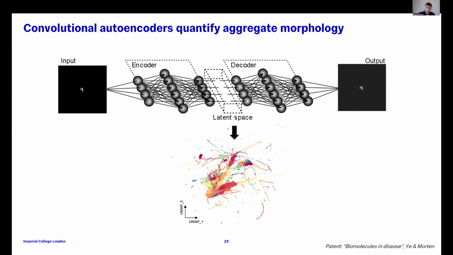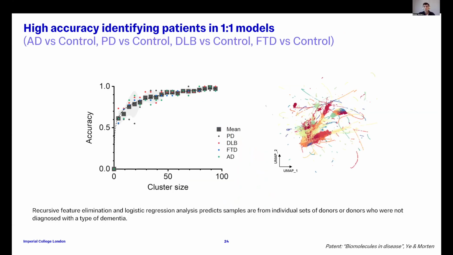Then we can look at the subpopulations of each cluster and use this to try and predict whether or not a particular sample would have Alzheimer's disease compared to a donor who was not diagnosed with Alzheimer's disease, for example. This is done in a one-to-one model, so it's a reasonably simple model, but what we're showing here is that the accuracy of these models increases with the number of clusters that we're using.